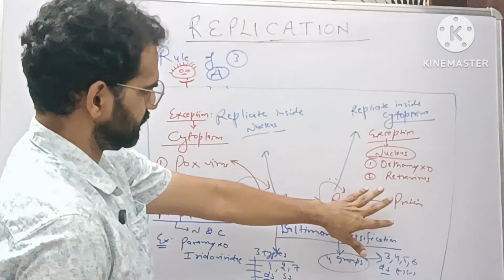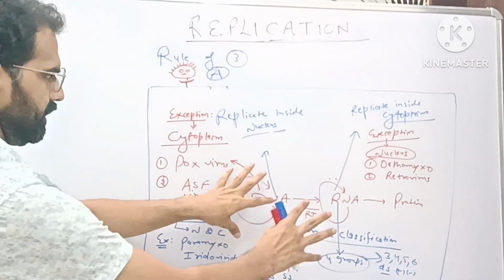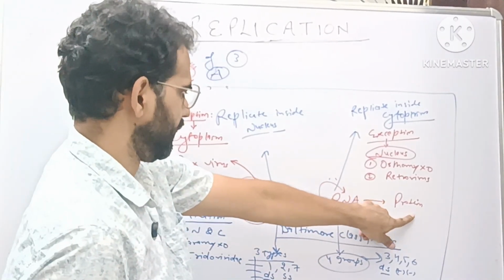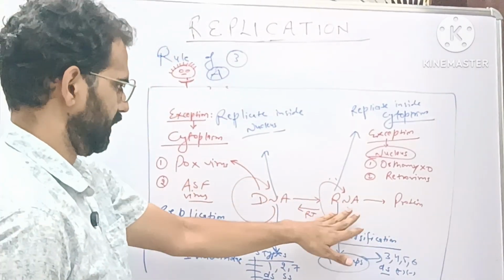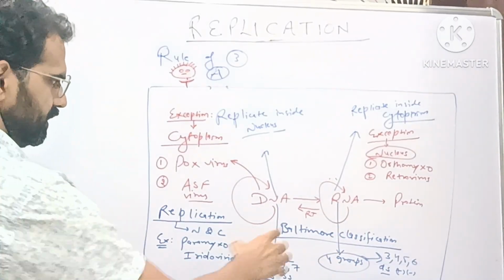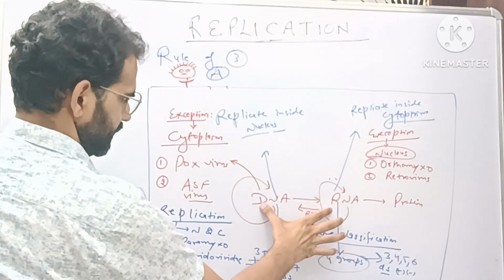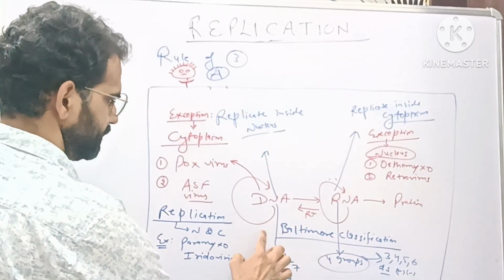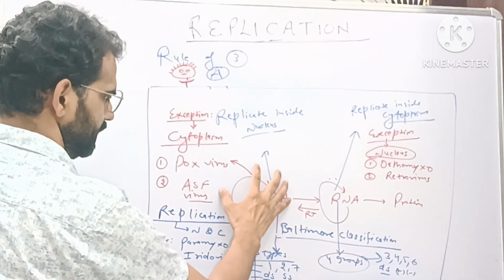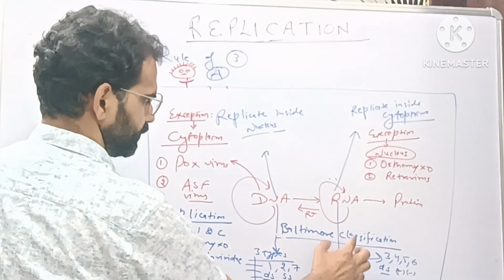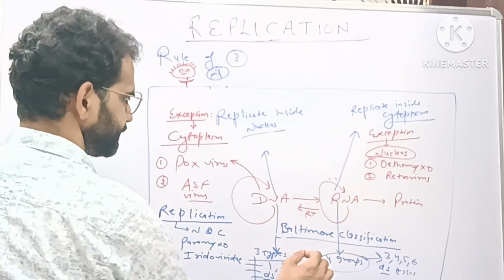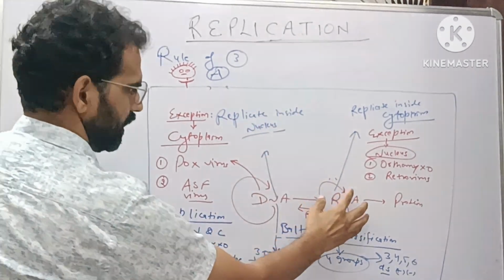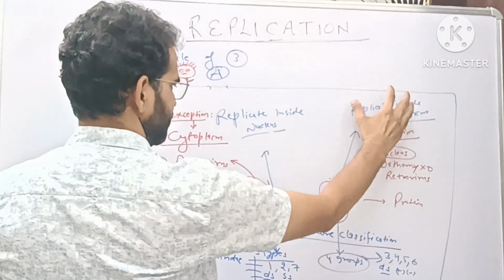So this is the central dogma. There are two types of viruses. Proteins are not viruses. We have DNA or RNA viruses. These DNA or RNA viruses are classified as per the Baltimore classification: 3 groups of DNA viruses, 4 groups of RNA viruses. DNA viruses replicate inside the nucleus, RNA viruses inside the cytoplasm.